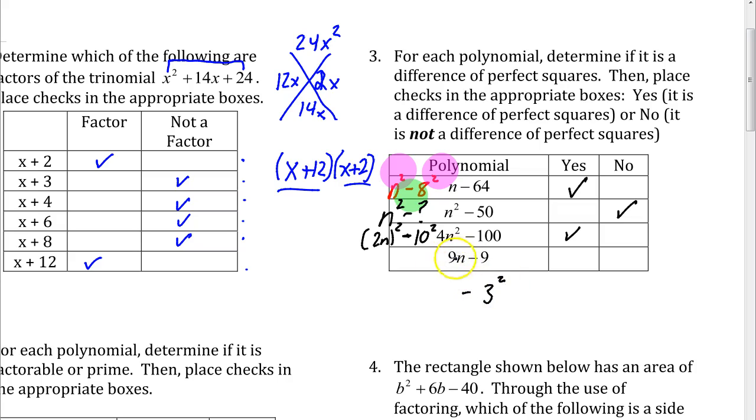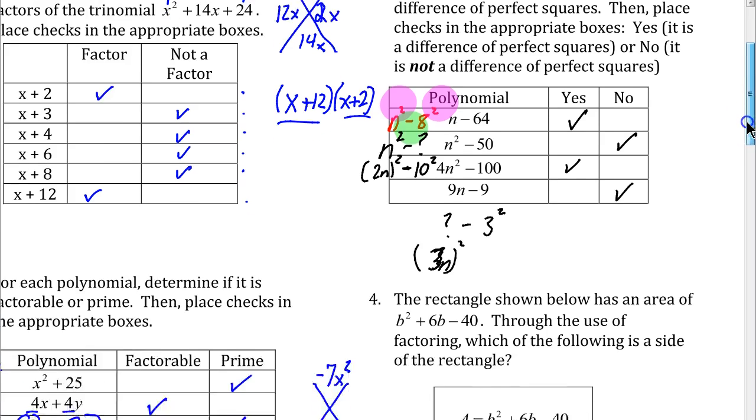But this first term, you can see there's no square here. So we cannot write that first term as a square. We can't do 3 to the second because that would mean this would have to be n to the second. So that's not a difference of squares. It's factorable, right? We're not asking that, but it is not a difference of perfect squares.